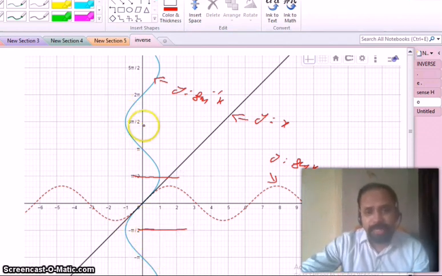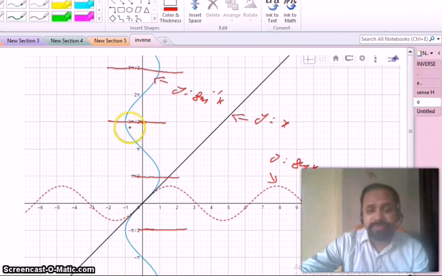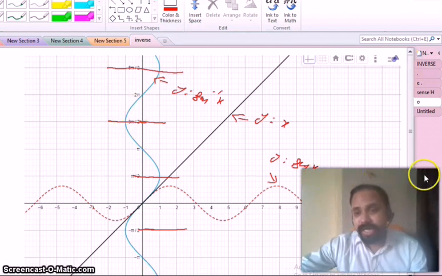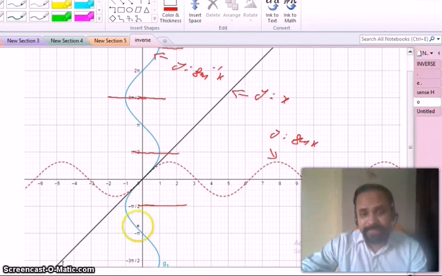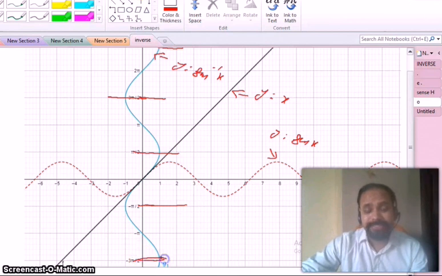And if we come from pi by 2 to 3 pi by 2, in this also each value repeats only one time. If you take from 3 pi by 2 to 5 pi by 2, then also each value repeats only one time. That means in these intervals these graphs are one-one, so we can say that invertible functions can be defined within these restricted ranges.